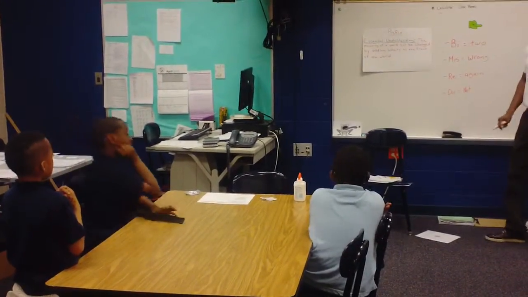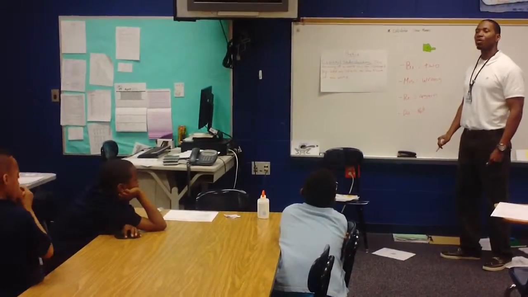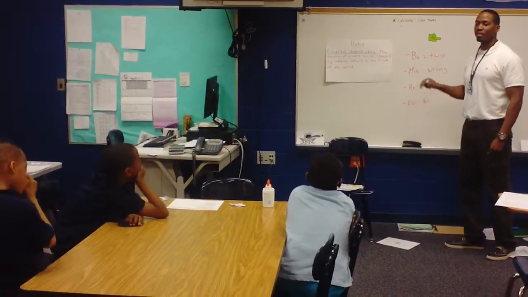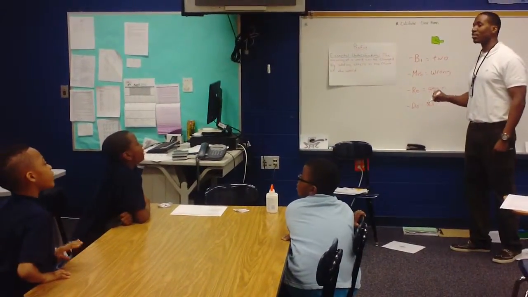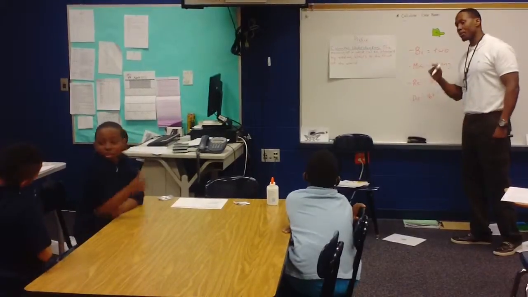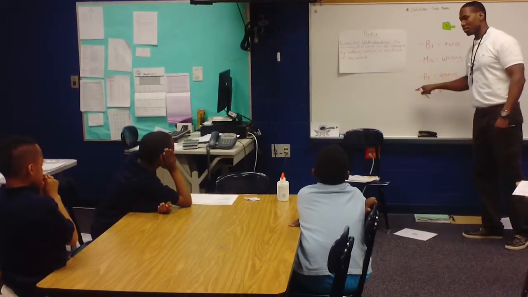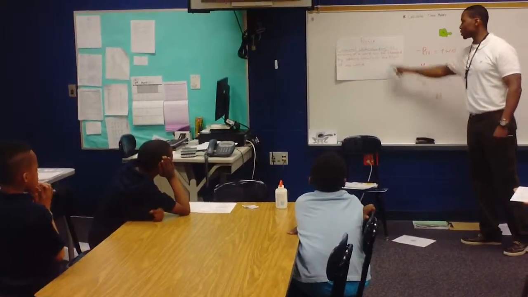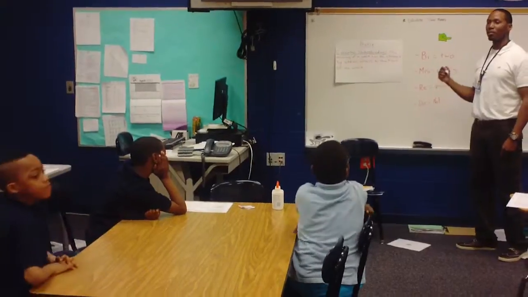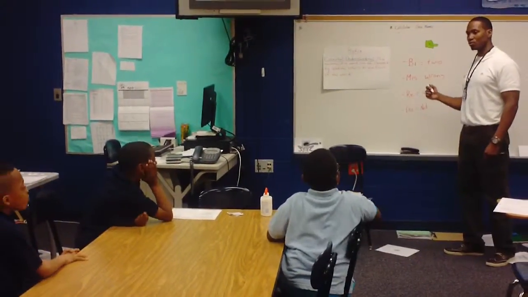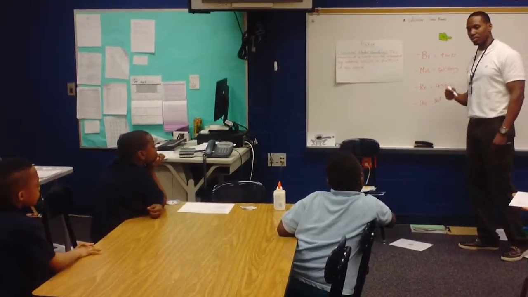So think about the word disappear. What's the root word in disappear? Fred? Appear. Good job. So appear is the root word, and dis is the what? Prefix. Good job. Dis is the prefix, and appear is the root word.